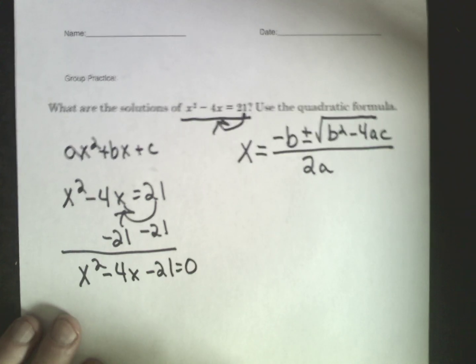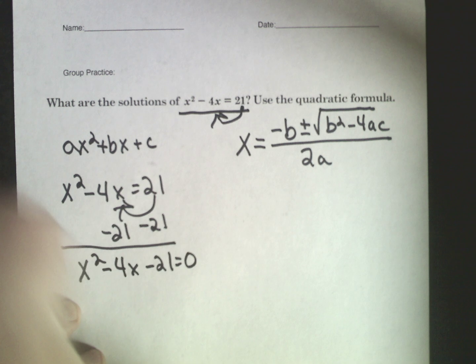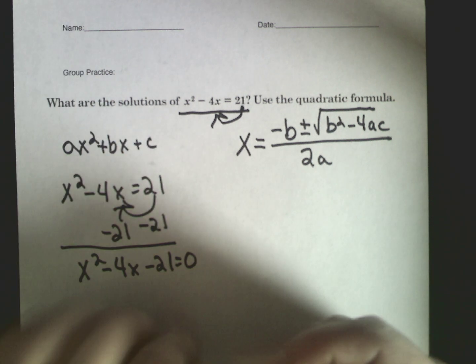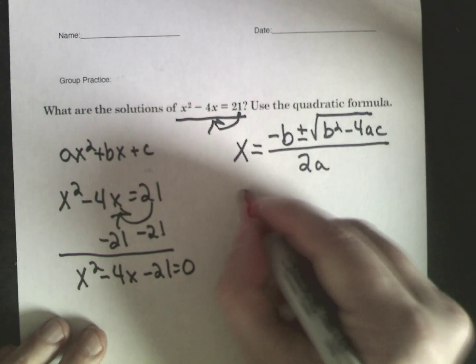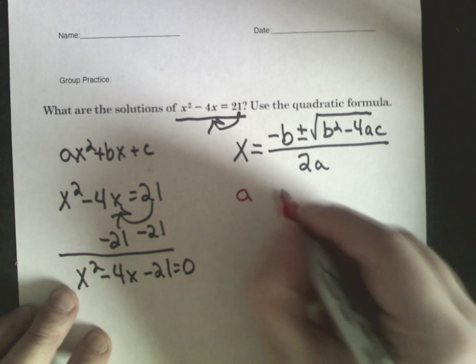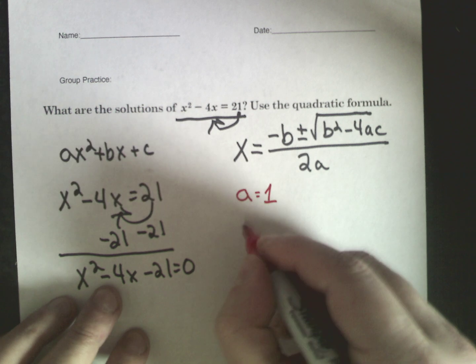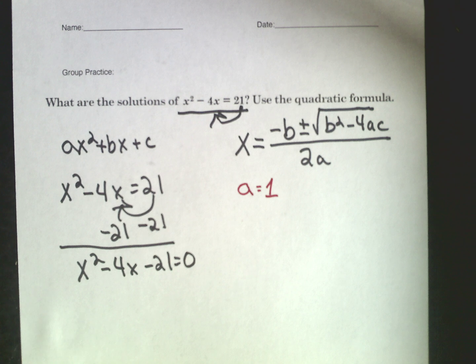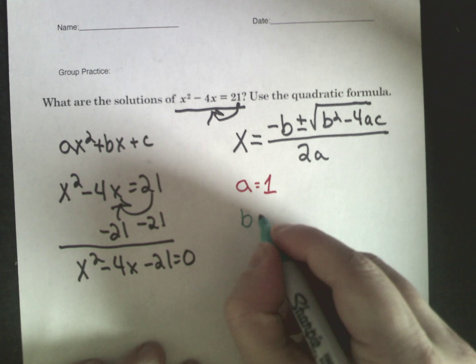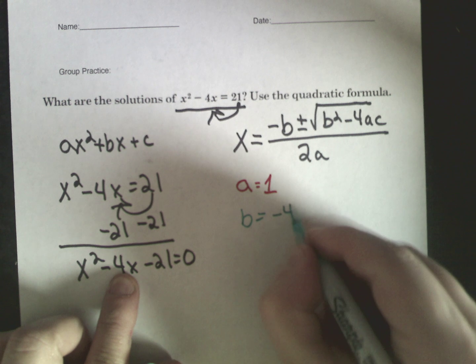Now, the good news is that we know this form, and we know our a's, our b's, and our c's. Our a, if you look at this closely, is over here, and it's just 1. Our b is over here, and it's negative 4.